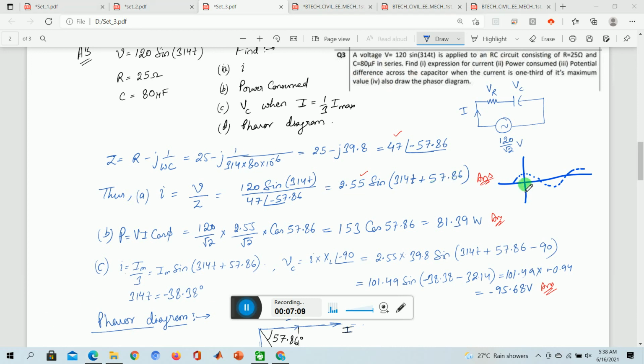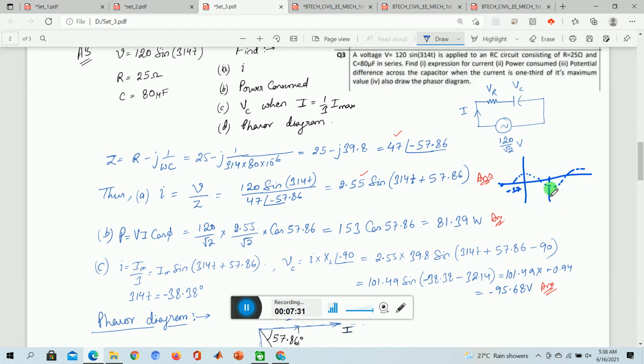So now this current expression with the peak value is 2.55. It's not 90 degree, it is like minus 57 degree, starting from minus 57 degree somewhere. So we can say that this is the current waveform.